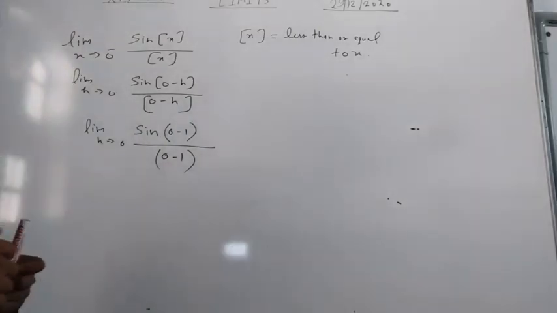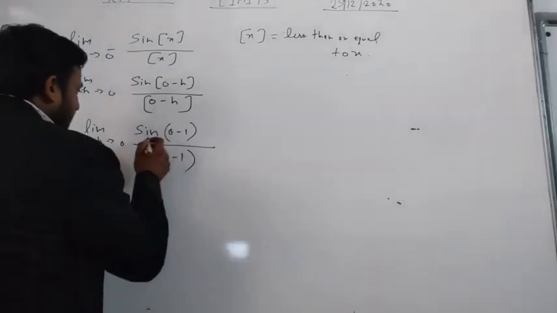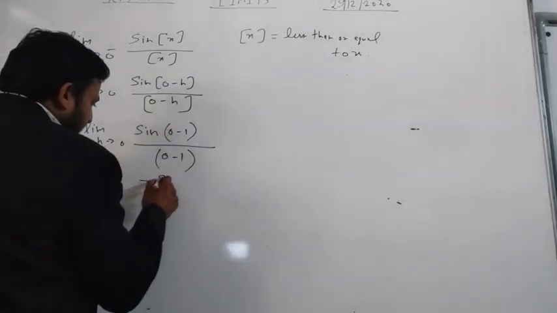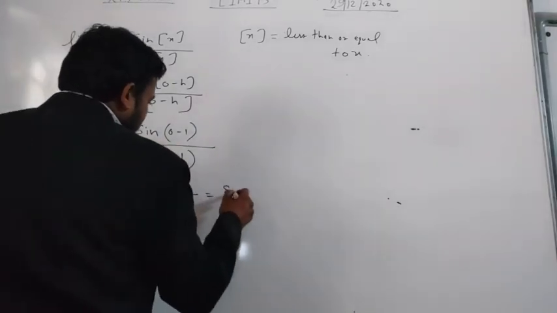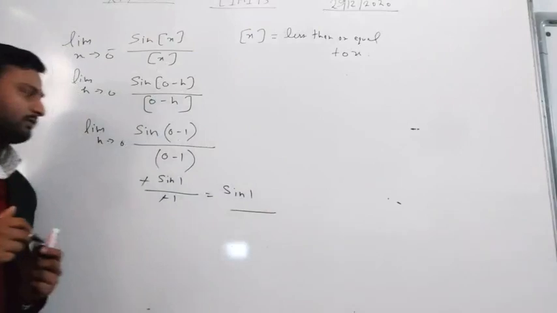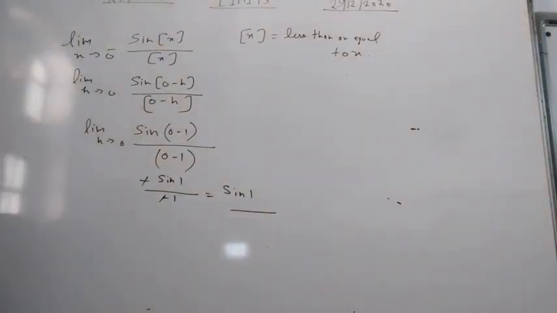So we are subtracting one term. We write 0 minus 1, and sine minus theta is minus sine theta, and this is minus 1, and we will cancel, and our value is sine 1. I hope you understand, students.